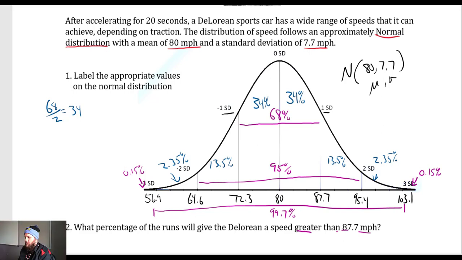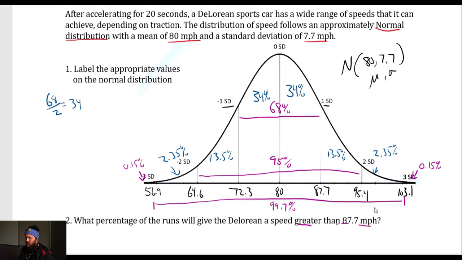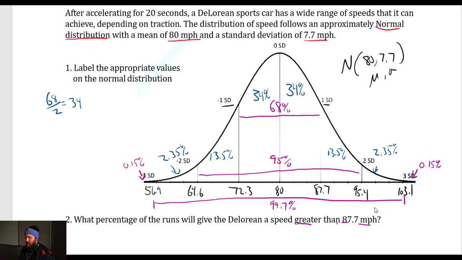Okay, so now that we have all of the percentages figured out and labeled, we can go ahead and answer question number 2. What percentage of the runs will give the DeLorean a speed greater than 87.7 miles per hour?